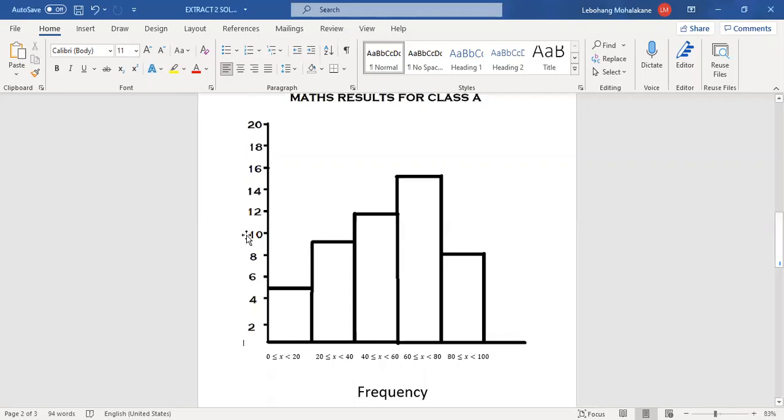I had forgotten to actually include the labeling, which is very important. These are the maths results right here.